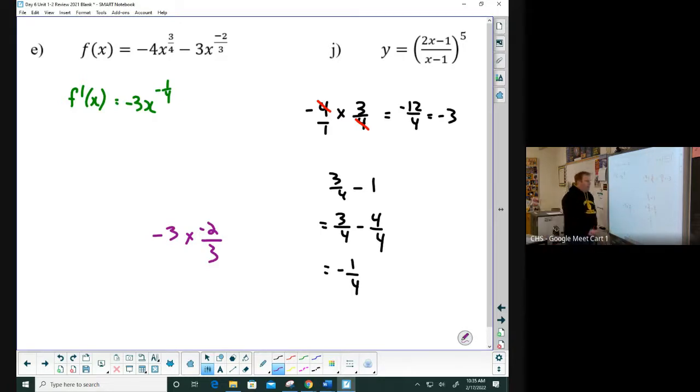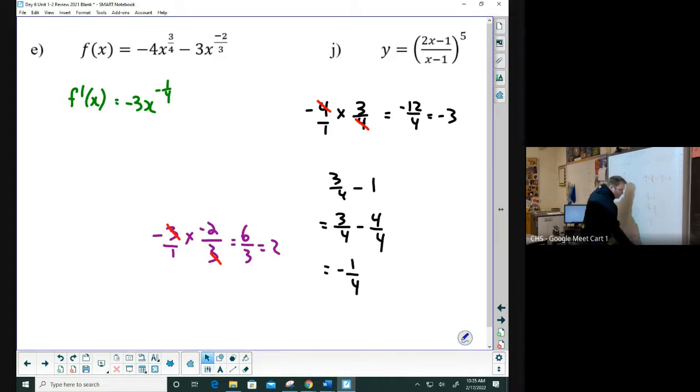Again, you might see that that is over 1, that's negative, or that +6/3, which is 2. Or you might see that this is canceled and you get -1 times -2, it's just 2. So bringing that down is +2. It's a negative being multiplied by a negative, that's why it's 2.